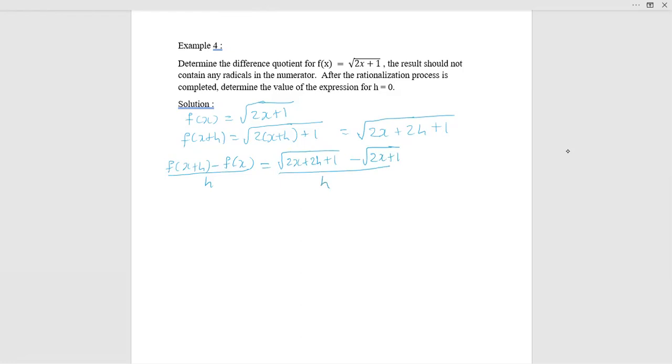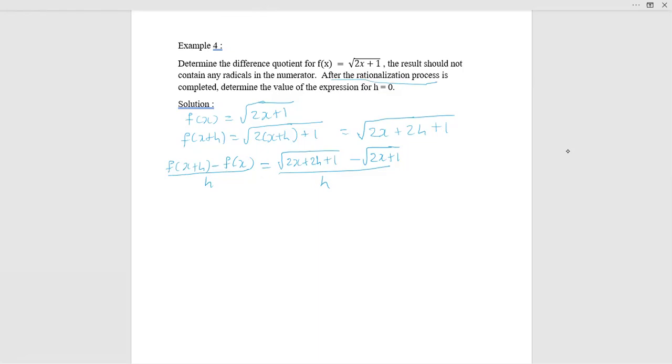Right? This is the difference quotient, but we want to rationalize this. The question is asking us, after the rationalization process is completed, to determine the value of the expression for h equals 0.